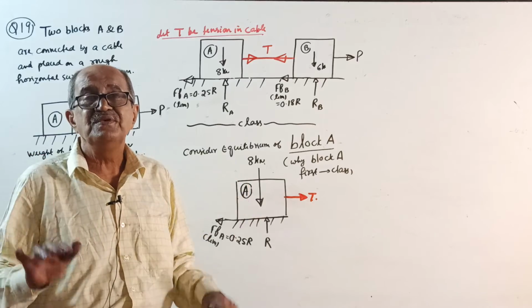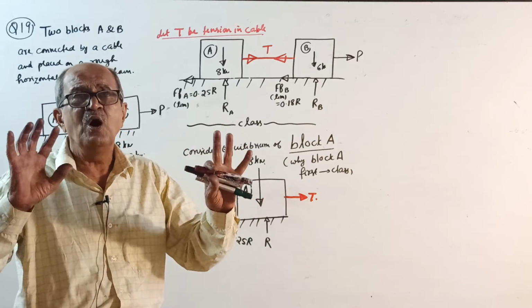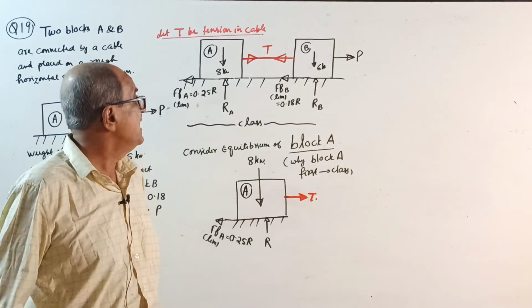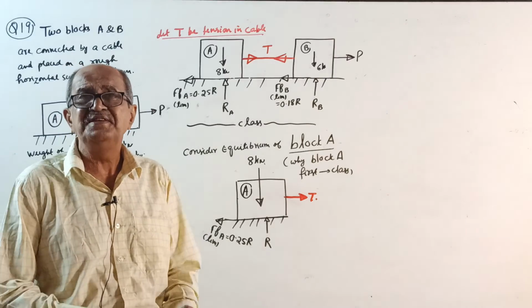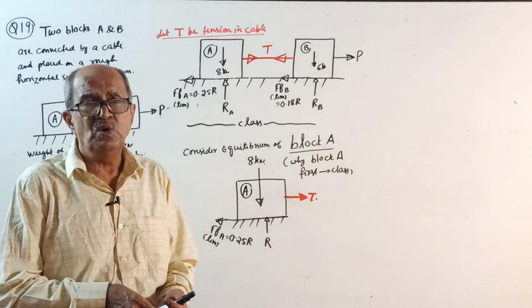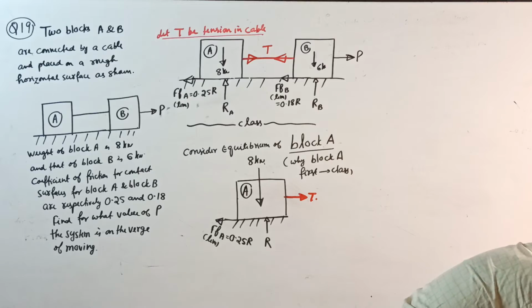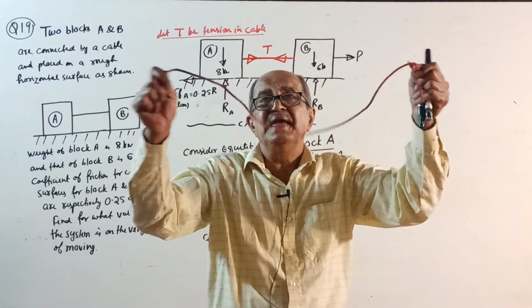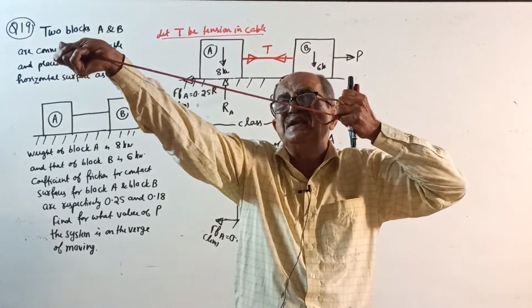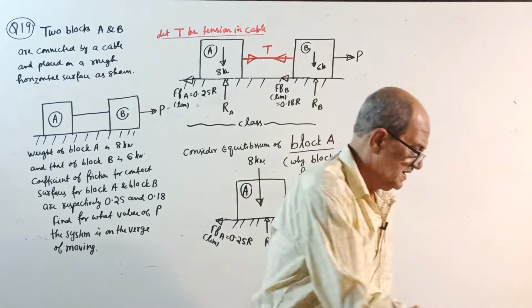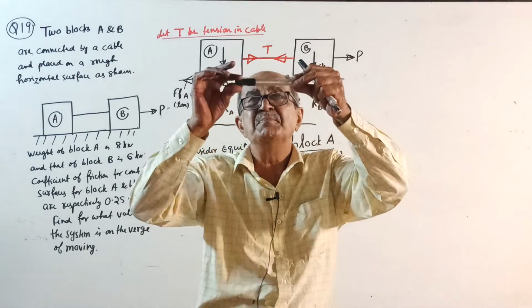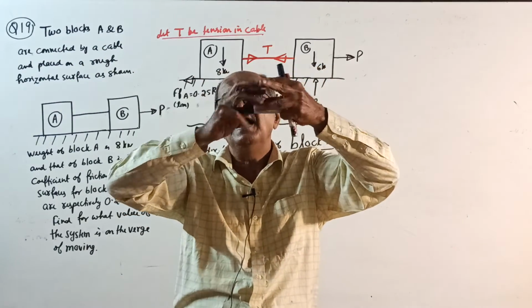Connected bodies. Two bodies or two blocks are connected together, either by a cable or a rigid member. I already told you, if connected by a cable, it can take only tension. It cannot take compression. But if connected by a rigid member, it can take compression and also tension.